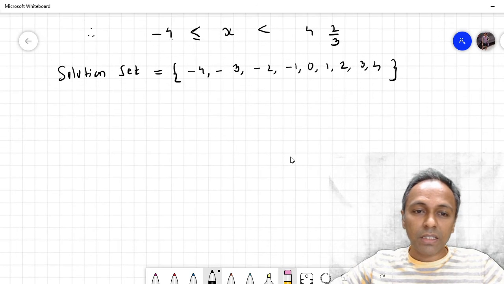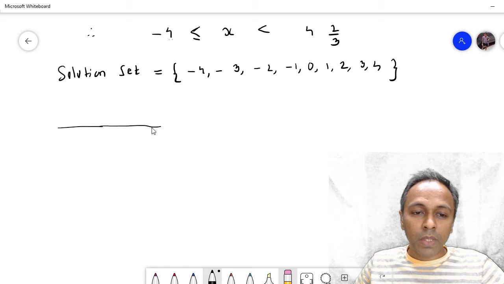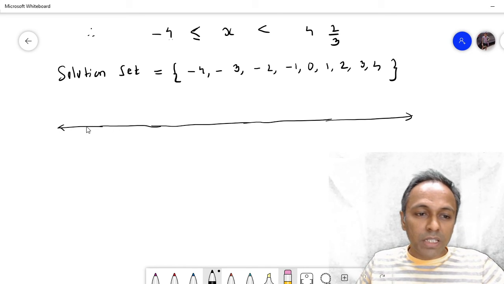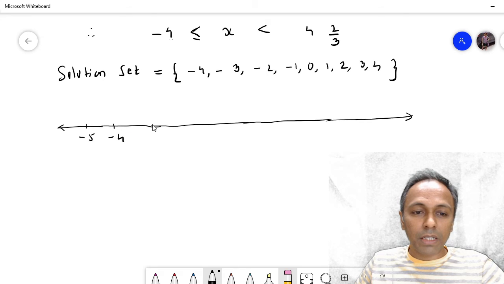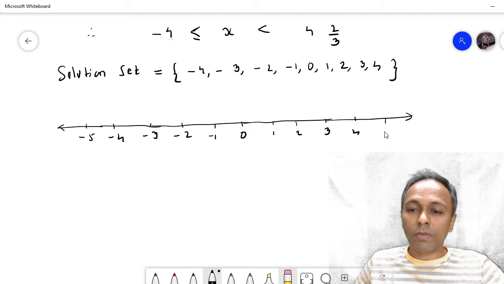Let us quickly make a number line. When you make a number line, there are many elements seen here, so plan a little while drawing it. -5, -4, -3, -2, -1, 0, 1, 2, 3, 4, 5.